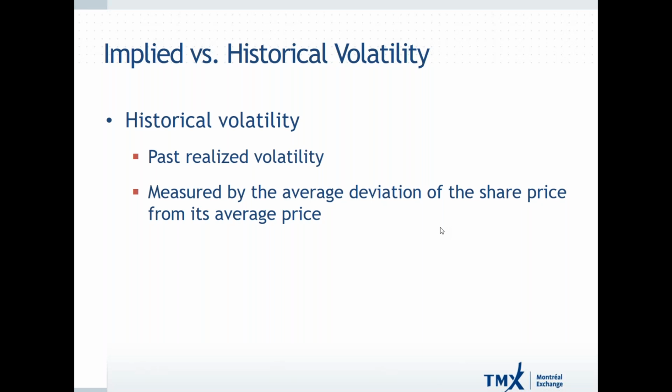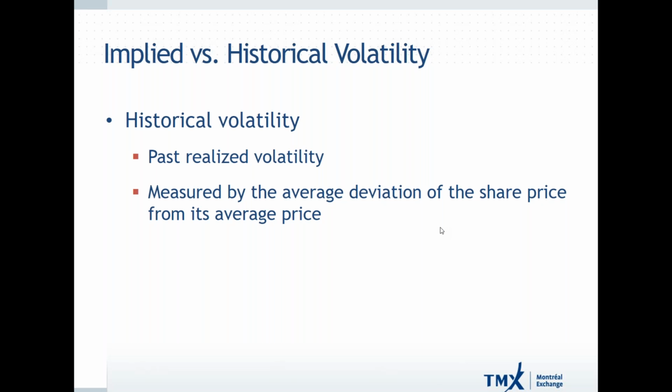Basically, the average deviation of the share price of a certain security from its average price is calculated over a period of time, and that is what is presented to us as the historical volatility of the stock.